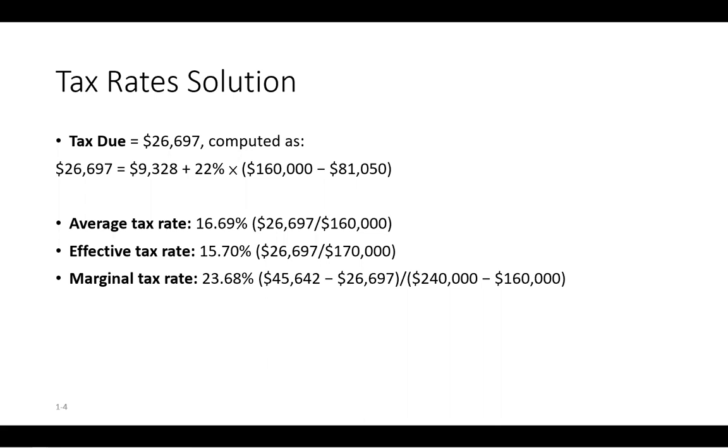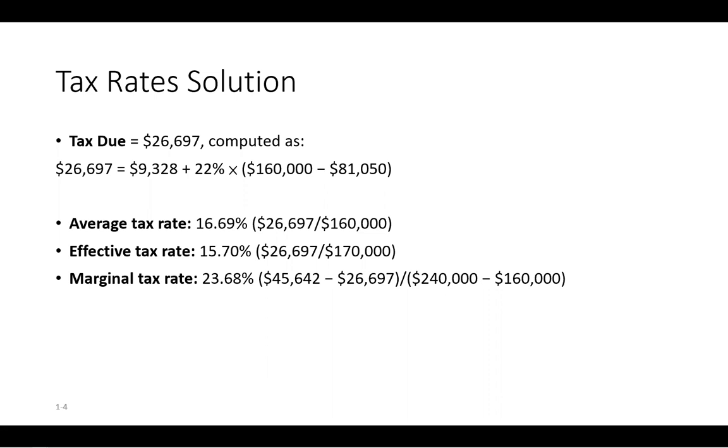So $67,250 will be taxed at 24%. So multiply that result by 24%, 0.24, which gives $16,140. So that's just the tax on the income in that bracket.